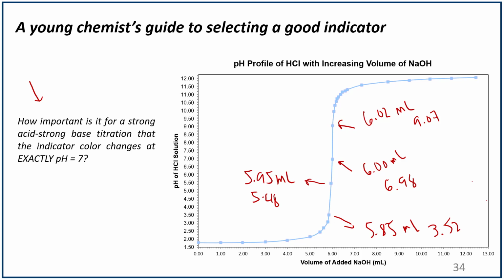Notice that as you add just 1 drop, the pH actually drastically changes, which is a characteristic of strong acids and strong bases being titrated with each other anyway. And then when you add half a drop, you have reached the equivalence point. Notice how the pH still shoots up.